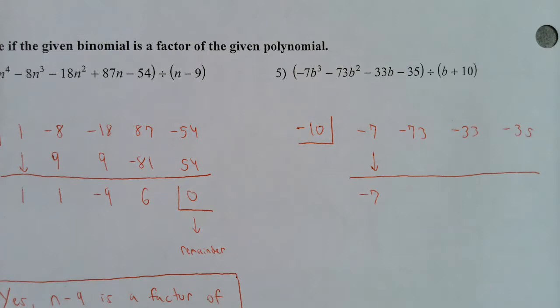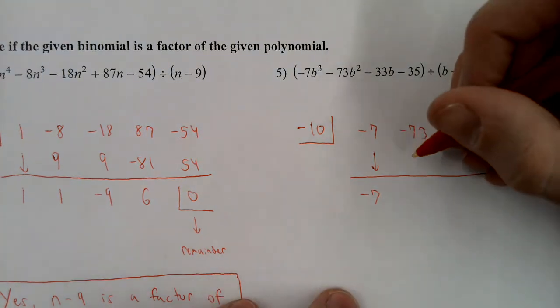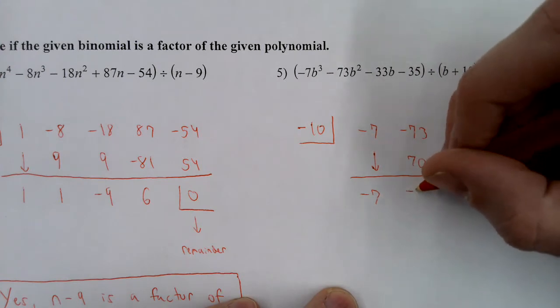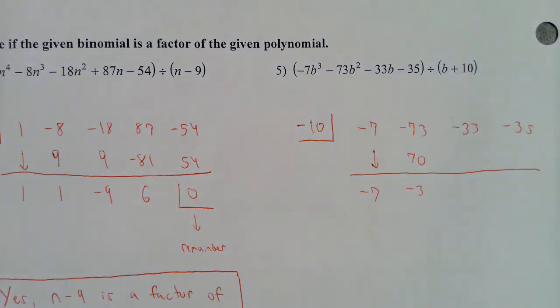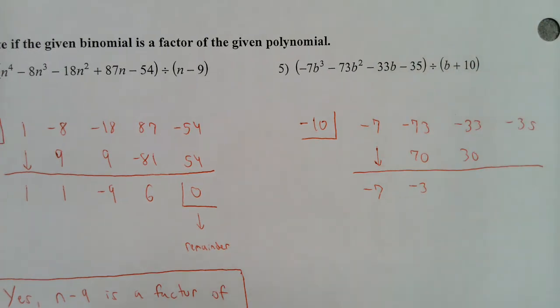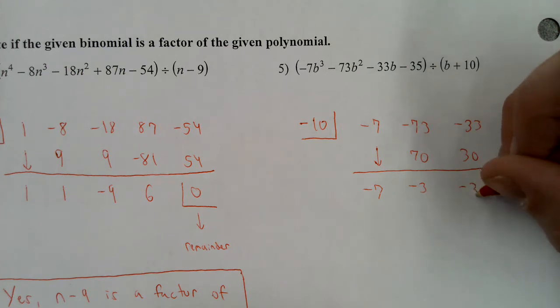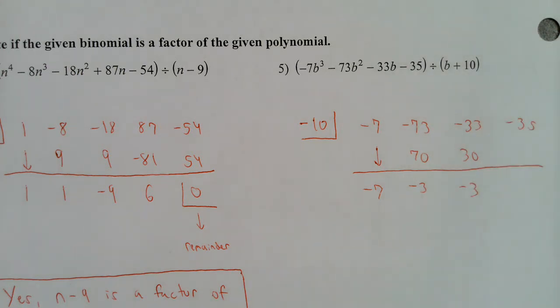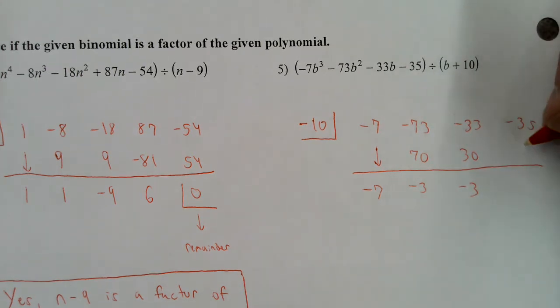Carry down the -7. -7 times the -10 in the box is 70. 70 plus -73 is -3. -3 times -10 in the box is 30. Plus -33 above it is -3. -10 times -3 is 30. Plus the -35 above it is -5.